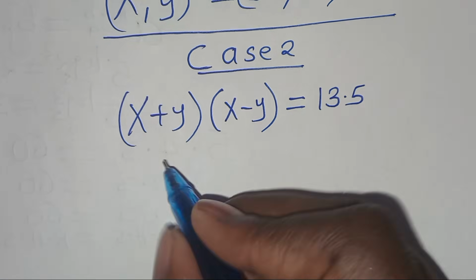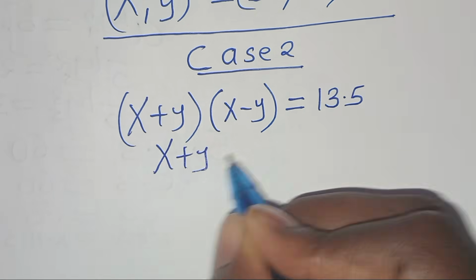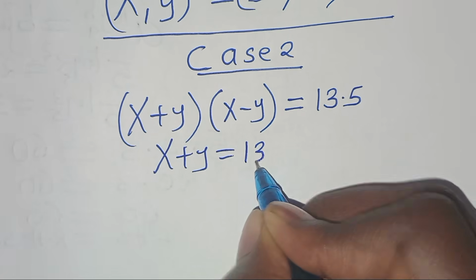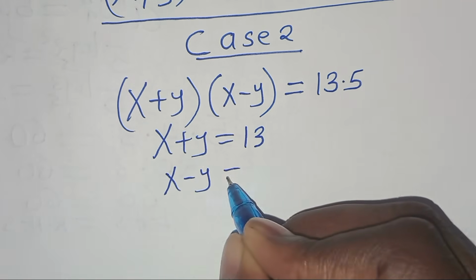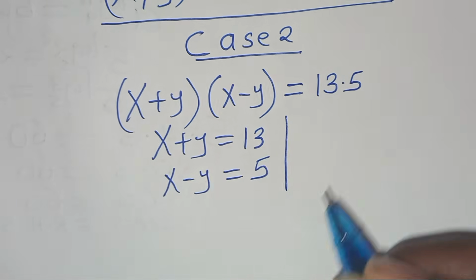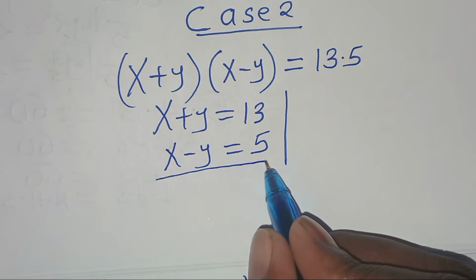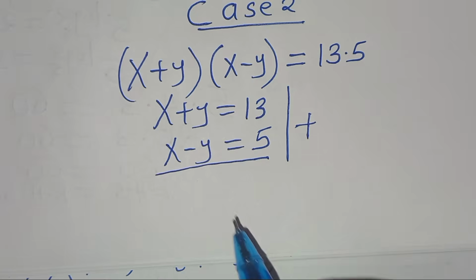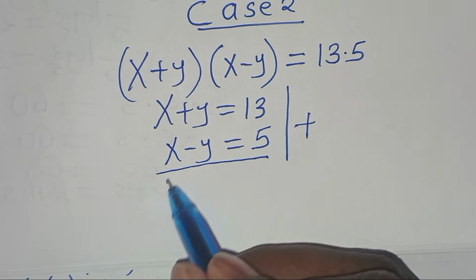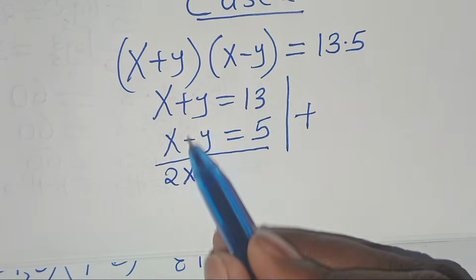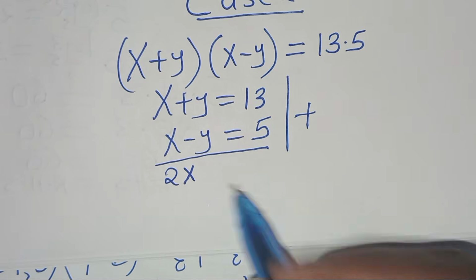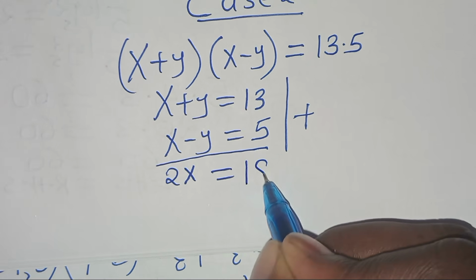So x plus y is equal to 13, and x minus y is equal to 5. Again, we have two linear equations, so let's sum them. x plus x is 2x, y plus minus y simplifies, and 13 plus 5 is equal to 18.